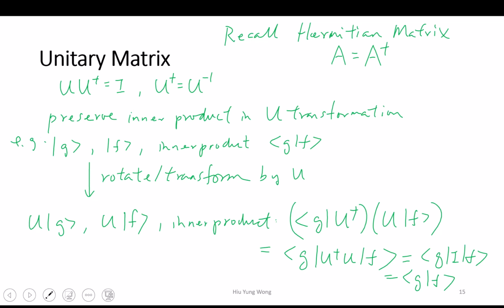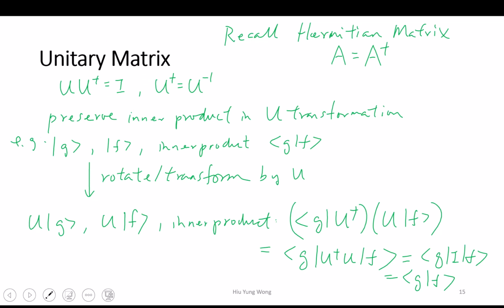Now this is very important because preserving the inner product has significant physical meaning. The relationship of the two vectors should not change just because you rotate the coordinates. So that is the importance of the unitary matrix.